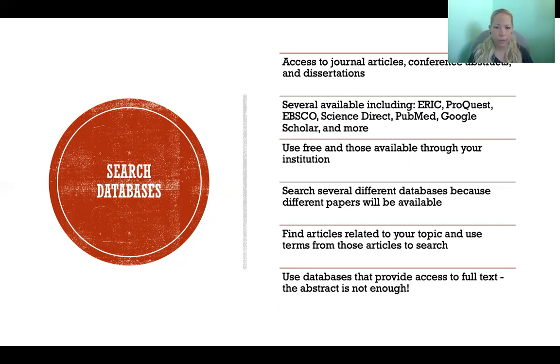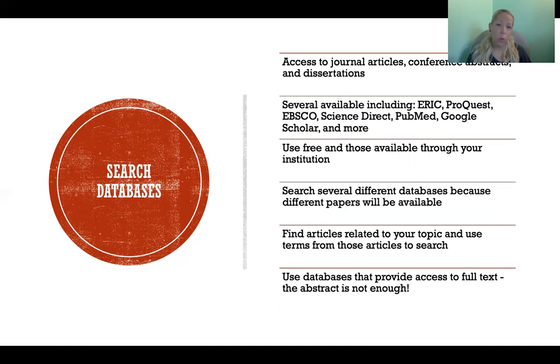And in some areas of study, in some areas of research, there are specific databases for specific areas. So some are a bit more broad and others are more specific. So you're going to want to find multiple databases and search with your keywords and your expanding list of keywords to find papers in different databases, because different databases will contain different papers.